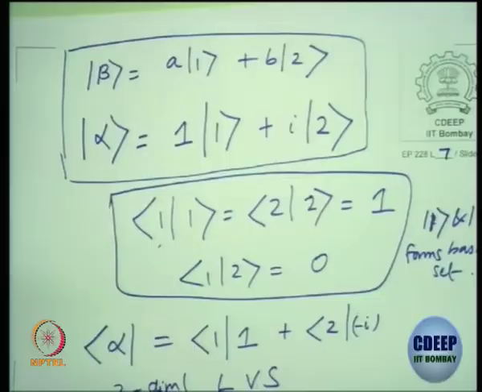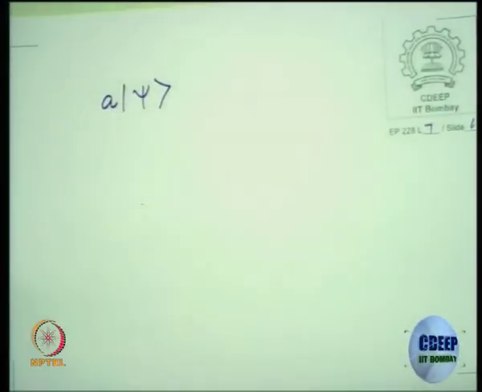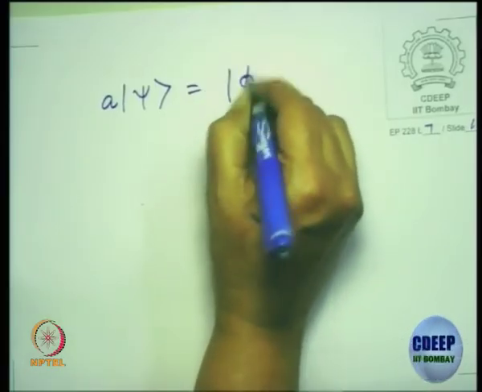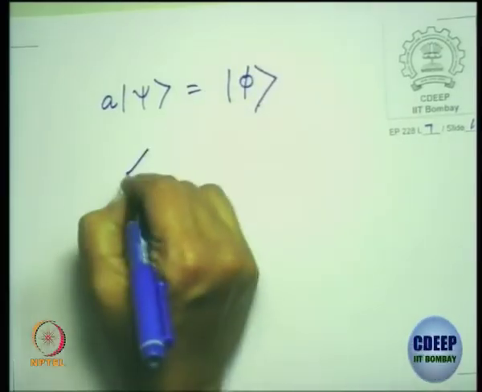Is this clear from this example that whenever you have to write the dual vector for any ket, you need to make sure that the coefficients, any scalar multiplying a ket, are handled correctly? If you have a vector psi and I multiply a scalar a and call this vector some phi, what is the dual?